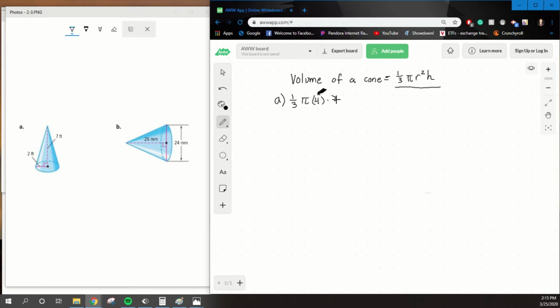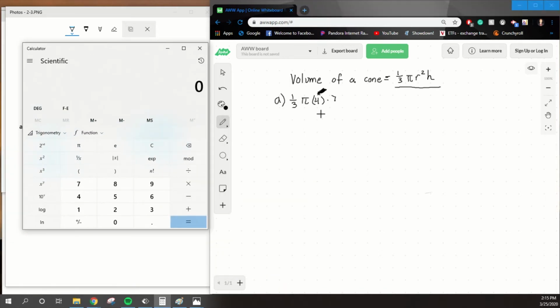Times our height, which is 7. Alright. So go ahead and plug that into your handy dandy calculator. This time I'm just going to do it left to right, just to show you that we can do that either way. So 1 divided by 3 is our first, because that's how I do a fraction on my calculator, times our pi button, times 4, times 7, and we get 29.3.